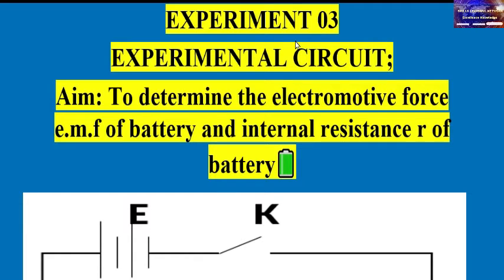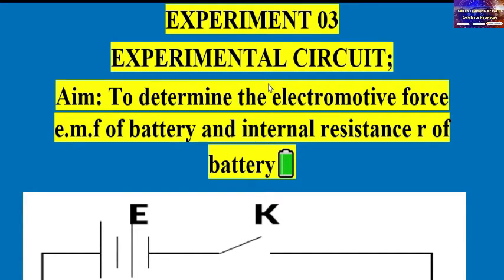Experiment number 3, we are going to deal with determination of the electromotive force of a battery and its internal resistance. In the previous experiment, number 2, we looked at the same aim, the electromotive force of a battery and internal resistance.